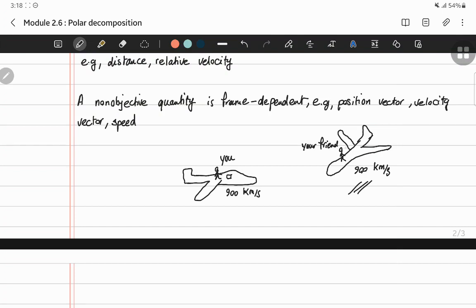Your friend also sees you from his window moving at a very, very high speed. Therefore, we can say that speed is a non-objective quantity.